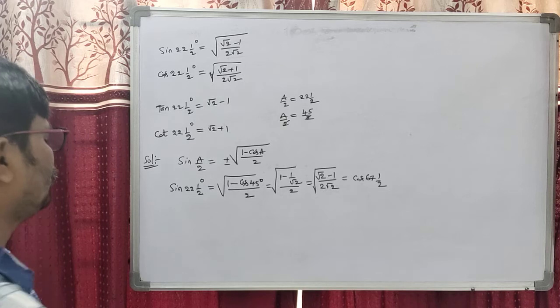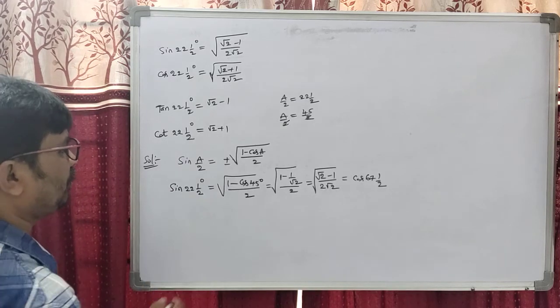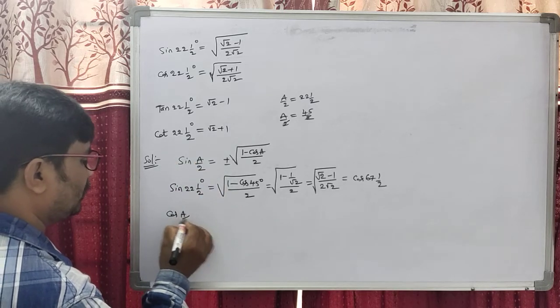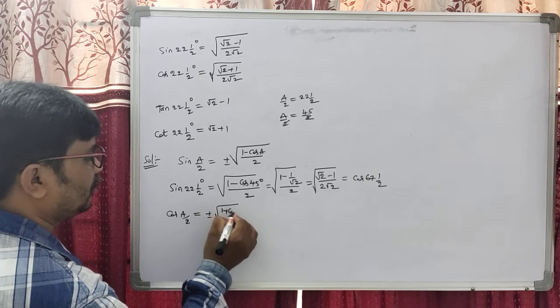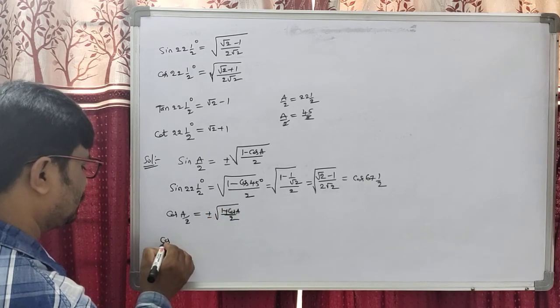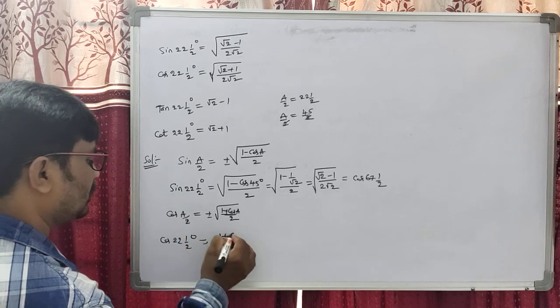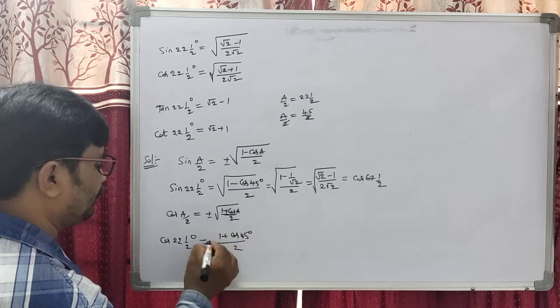Okay, now students, everybody knows the formula of cos A/2: cos A/2 is plus or minus root of (1 plus cos A)/2. Dear students, similarly we take 22 and a half degrees, root of (1 plus cos 45)/2.